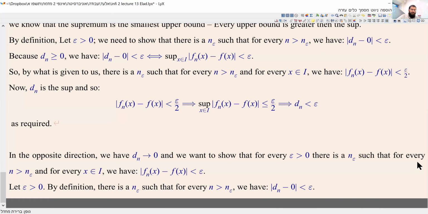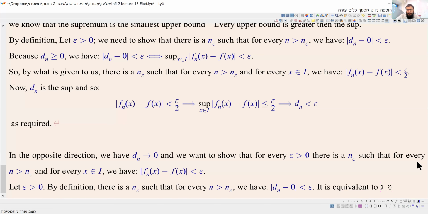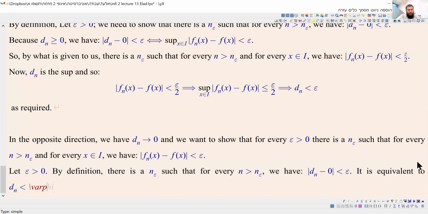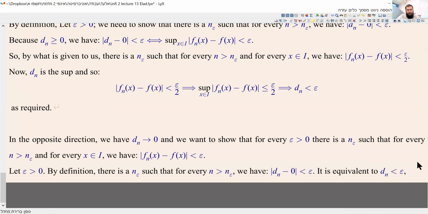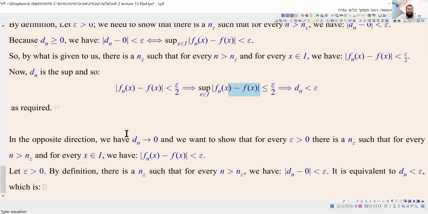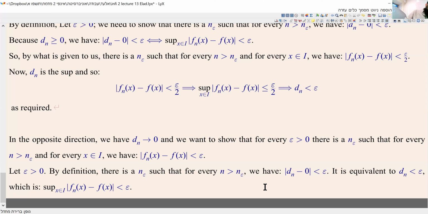Now, as we mentioned, it is equivalent to dn is smaller than epsilon, which is supremum of the difference is smaller than epsilon. Now, supremum is the smallest upper bound, but it is an upper bound. So it is greater than fn of x minus f of x for every x.